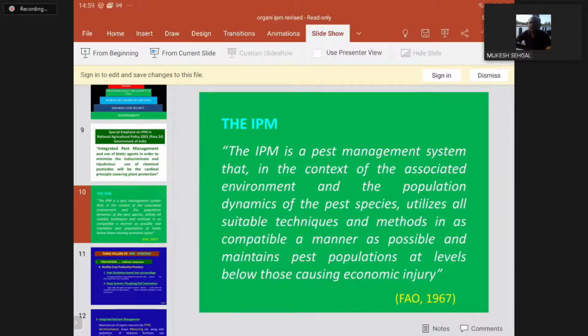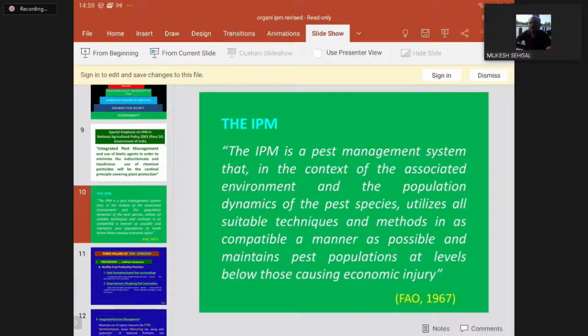In IPM, we are using plant protection strategies in combination, when and as required. But now we are talking about nutrient management also, which means we are trying to move towards organic farming.